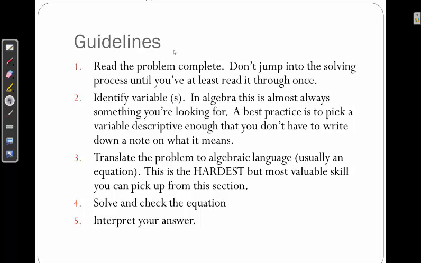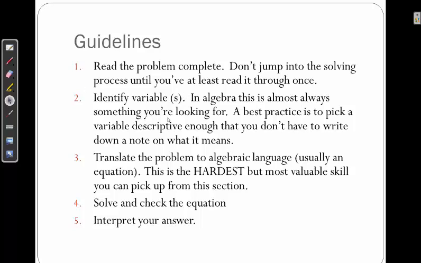Okay, once you've read the problem through, then you need to identify variables. The first thing you should look at is, what is the problem asking for? Because usually that's what you're going to set a variable to, especially in algebra. You might actually have several unknowns, in which case you might want to assign multiple variables.